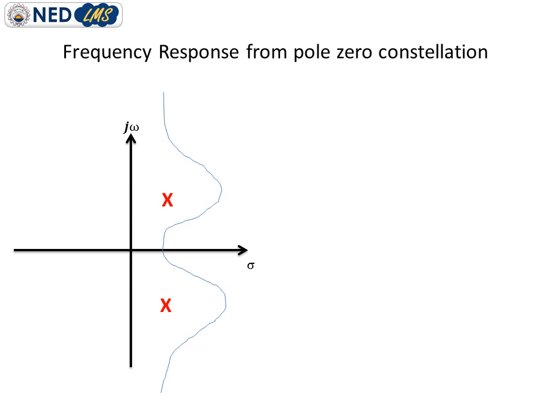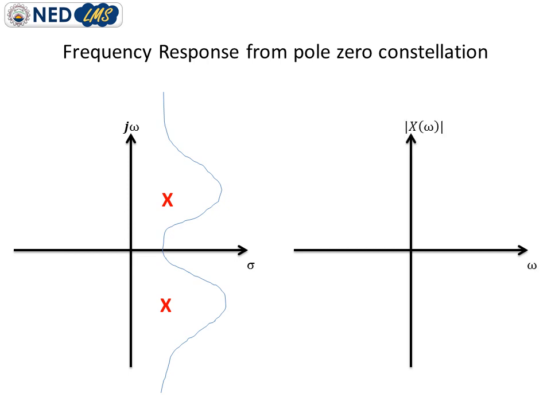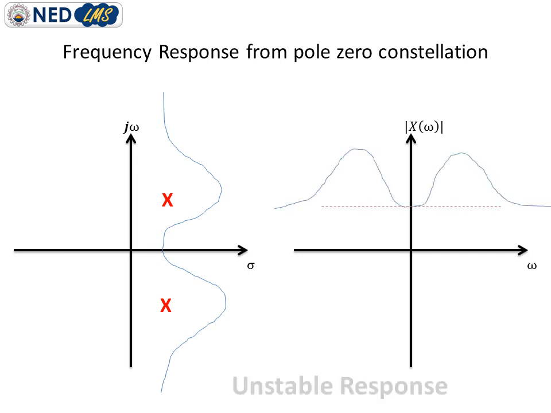But this statement cannot be given with the help of Fourier transform. If you look at the Fourier transform, it only deals with the frequency and its magnitude along the y-axis, so it only plots the frequency response.